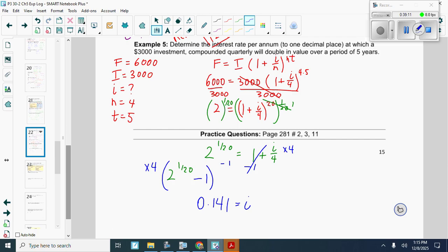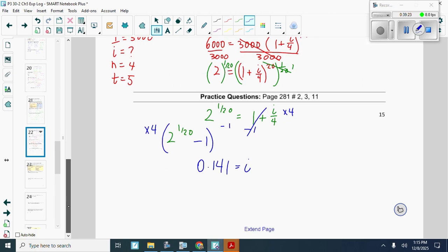It wants it to 1 decimal place in percent. So that means we have to have 3 decimal places in decimal form, so that when we convert this to a percent, we have 14.1%.